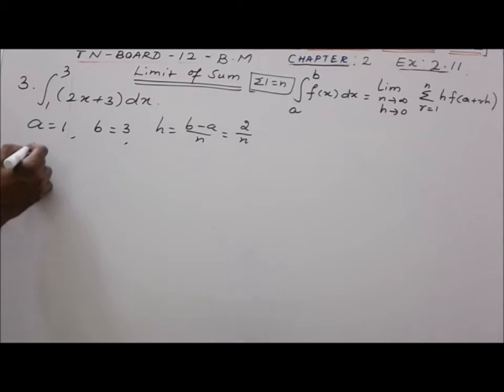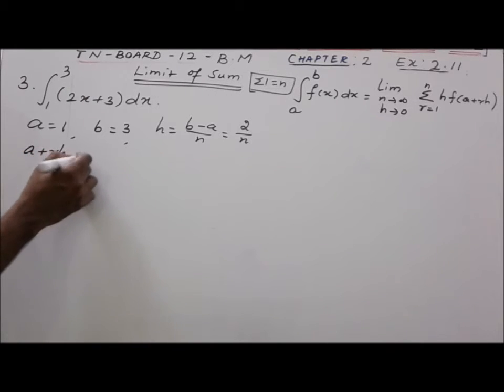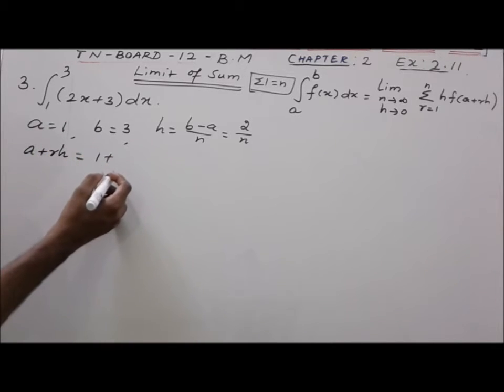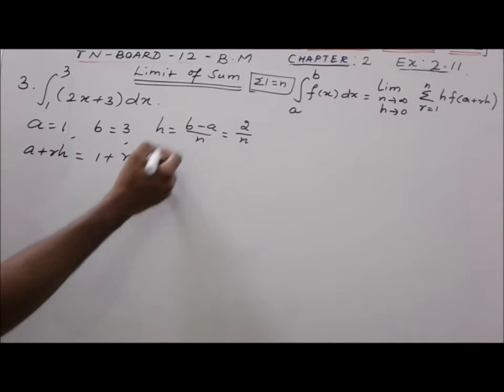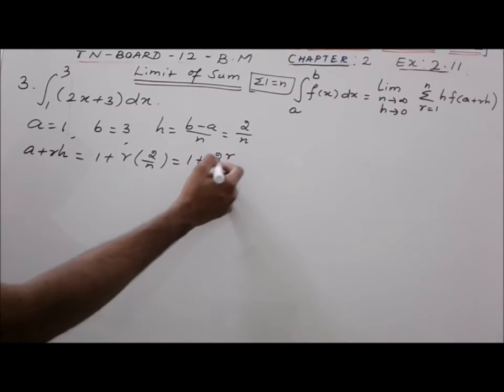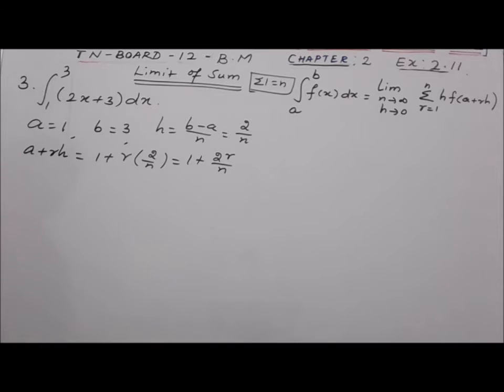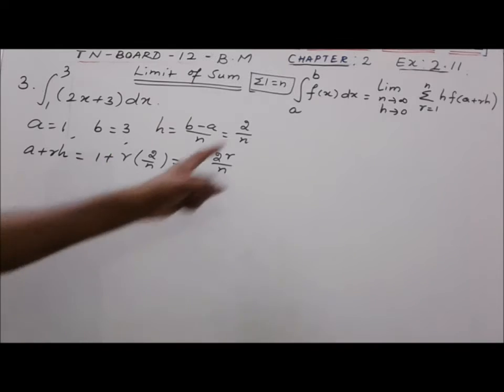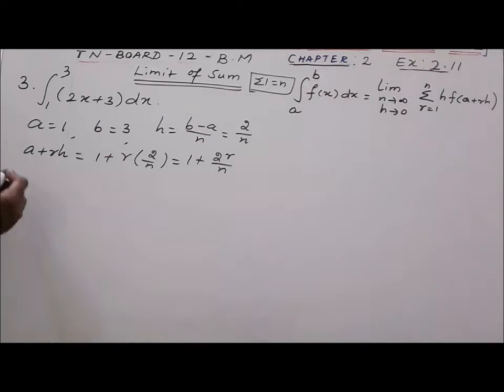Then a + rh is equal to 1 + r times 2/n, which simplifies to 1 + 2r/n. Here you can substitute all these values in the given formula.